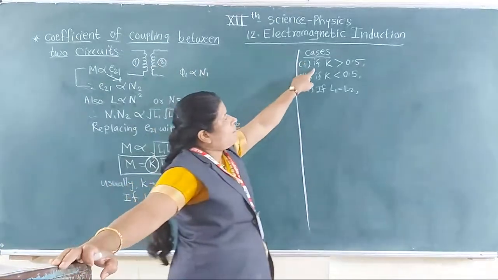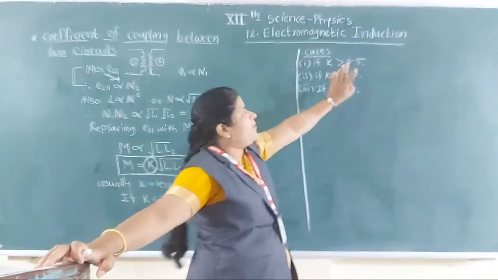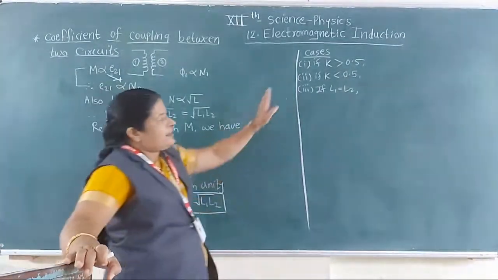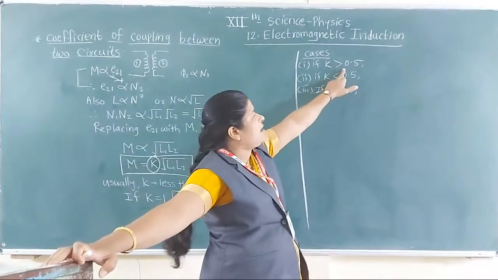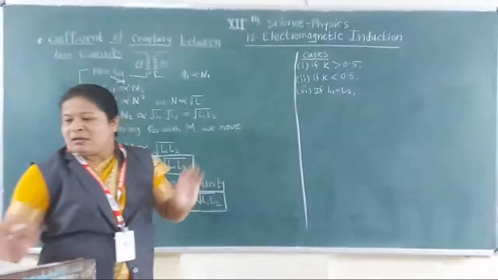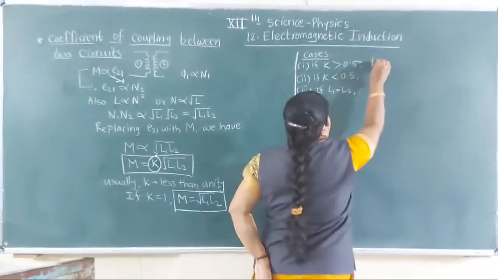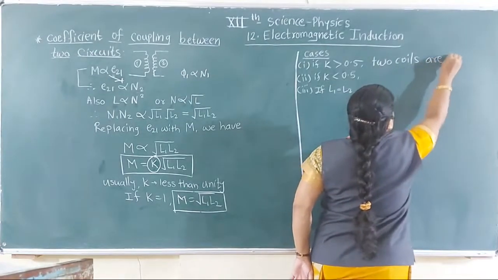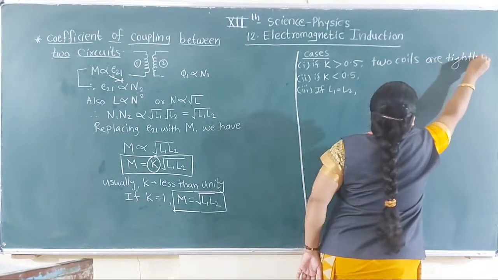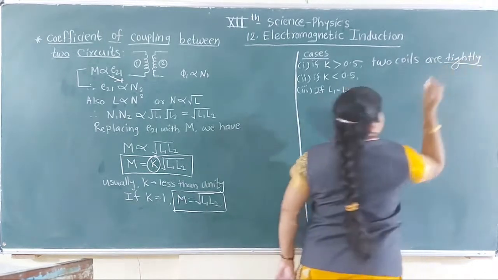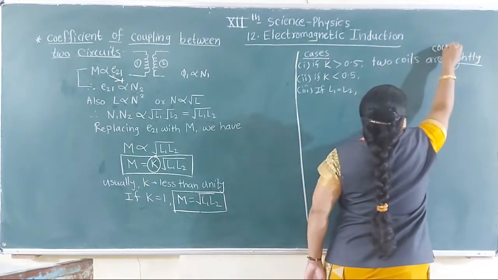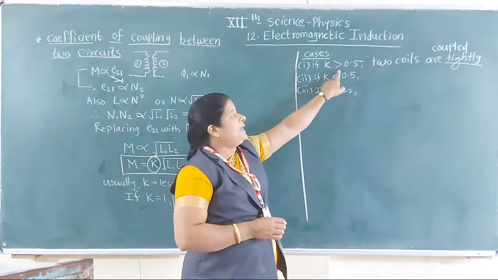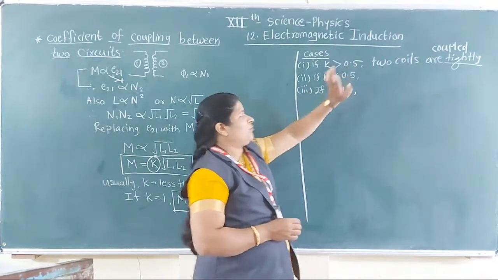First case, if the value of K is greater than 0.5, then the two coils are tightly coupled. Two coils are tightly coupled when the value of K is greater than 0.5.